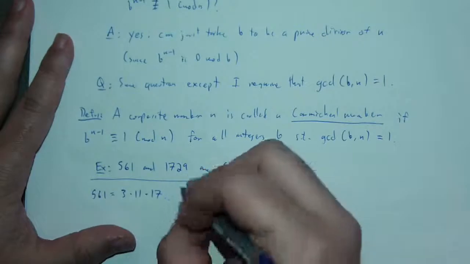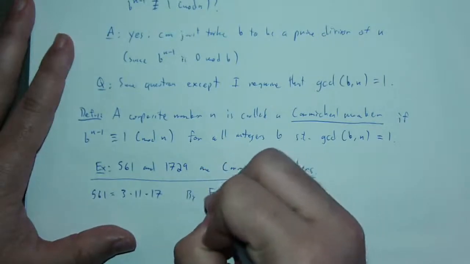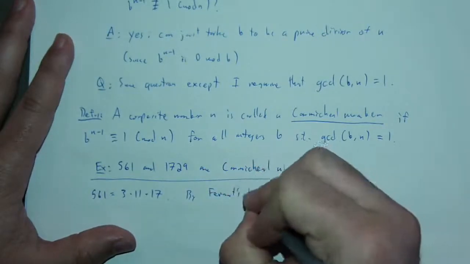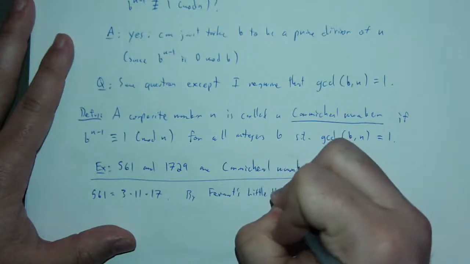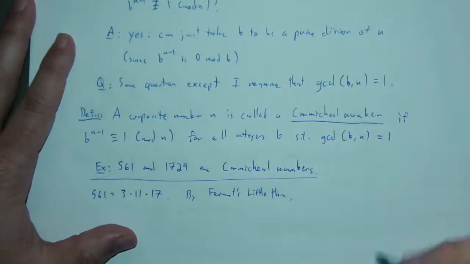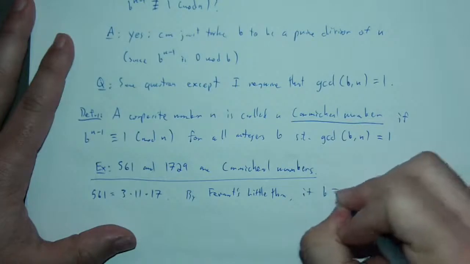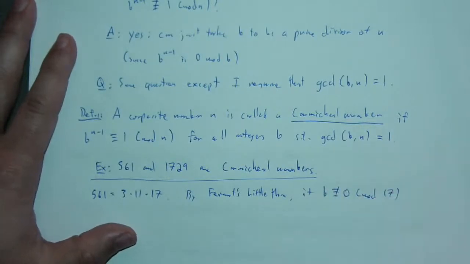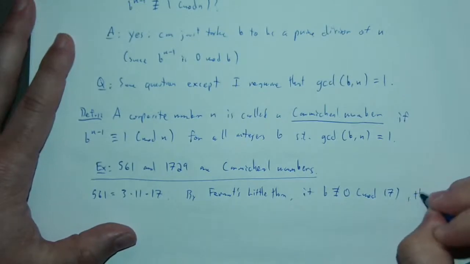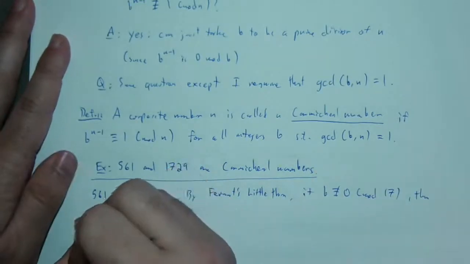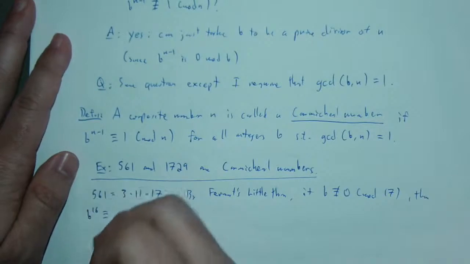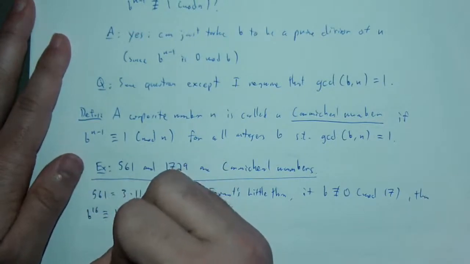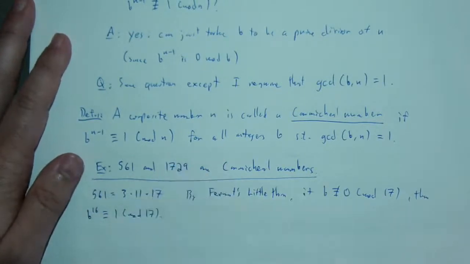So by Fermat's little theorem, if b is not congruent to 0 mod 17, then b to the 16 is congruent to 1 mod 17.